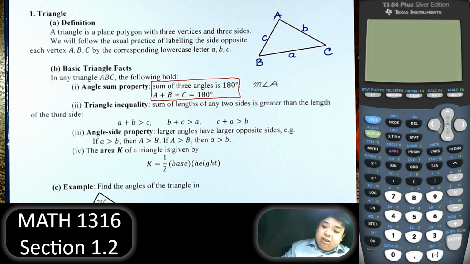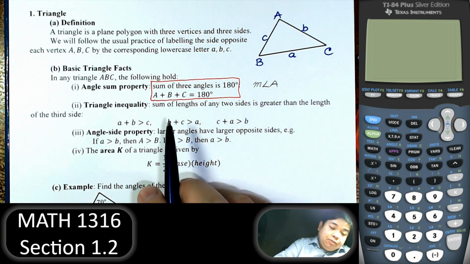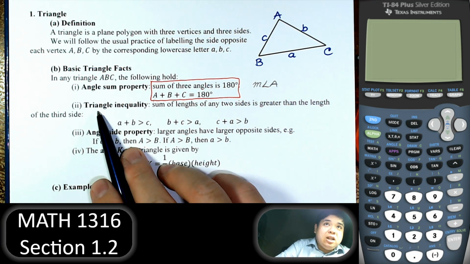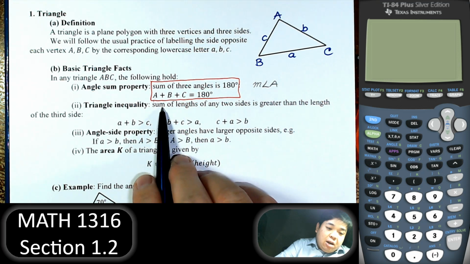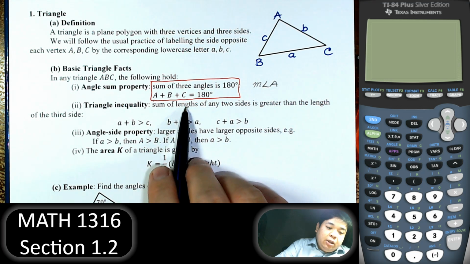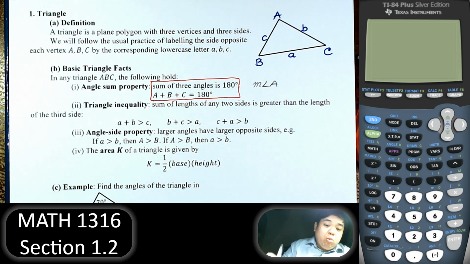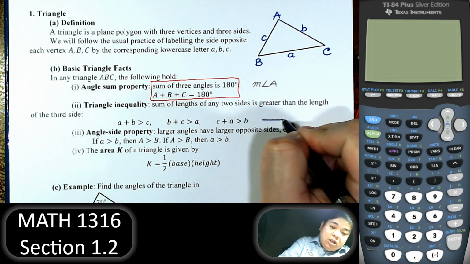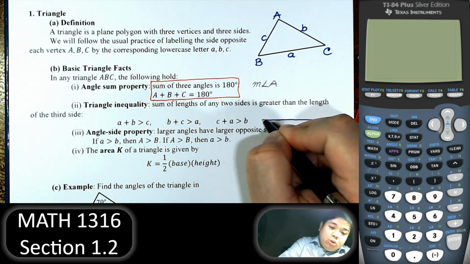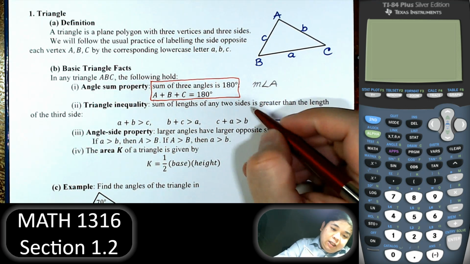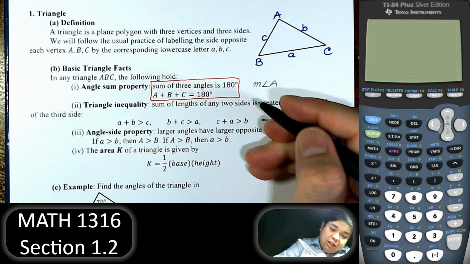That'll be enough. In terms of size, we have a triangle inequality, meaning that the sum of the lengths of any two sides is greater than the third one. So this makes sense. Let's say we have one side that is way too long, and the other two sides are not long enough.